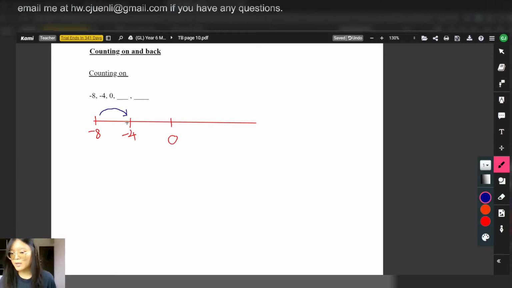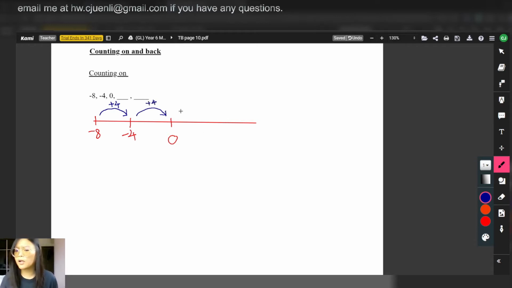So that's the most basic stuff. Basically from -8 to -4, your number increases. Like counting on, it is basically counting forward. So it's actually +4. For every single number that goes on and on, you're actually adding 4 to it.